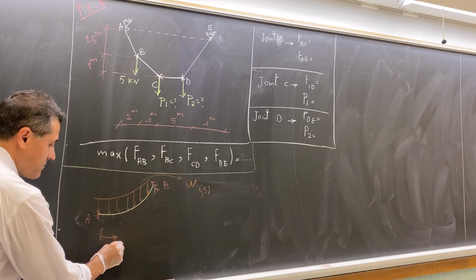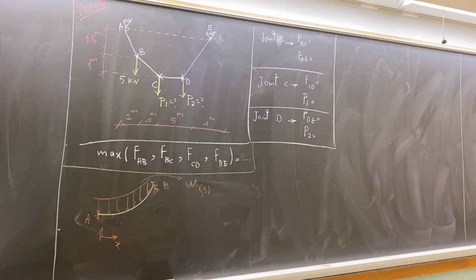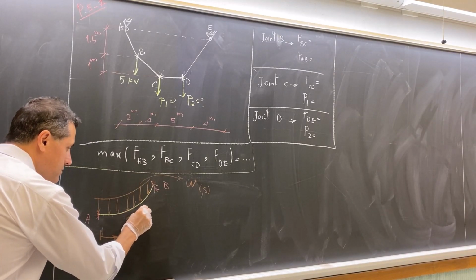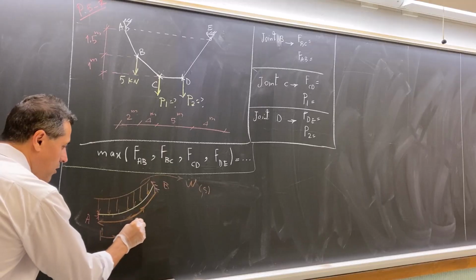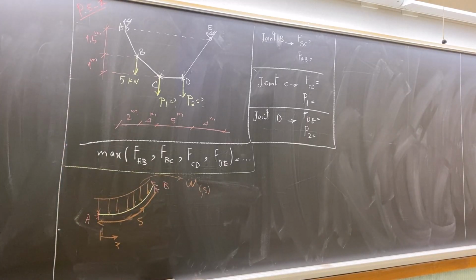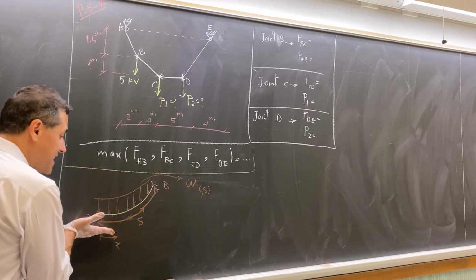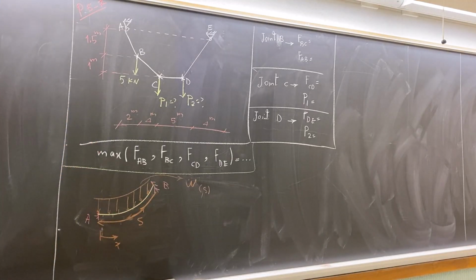Remember, x was the projected length. s is the length of the arc. They are essentially different. The way we analyze the cable under its weight has something to do with the length of the arc, which is s.